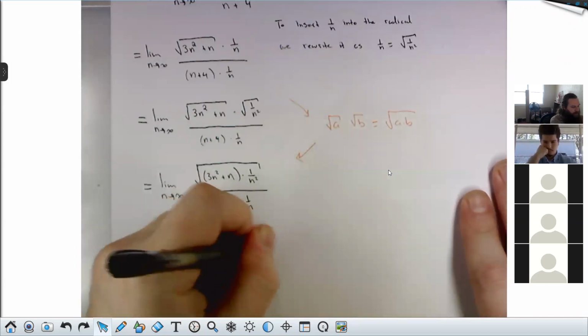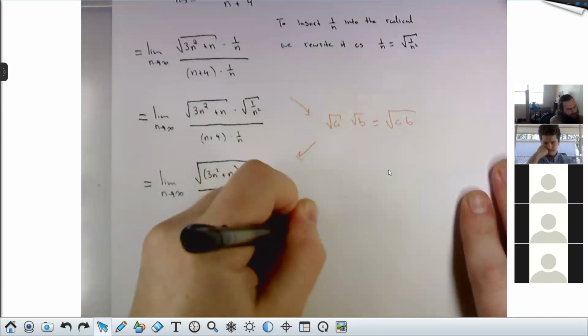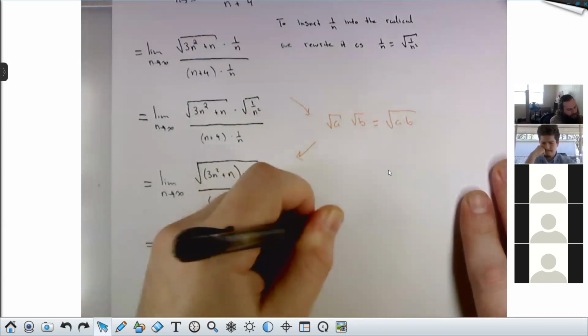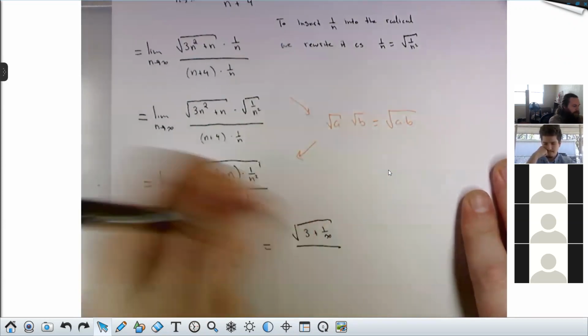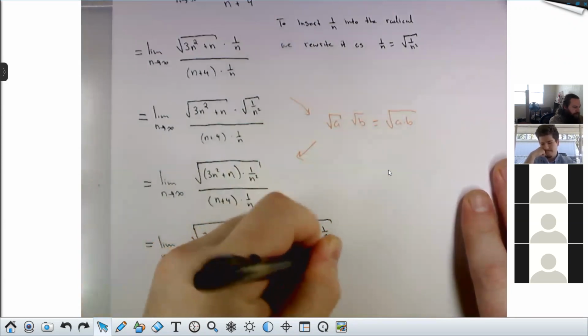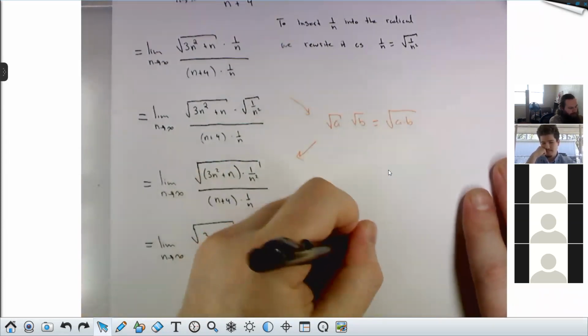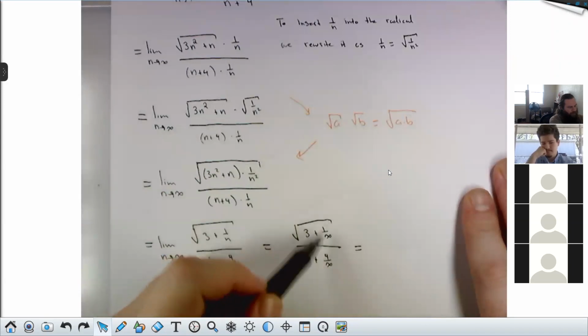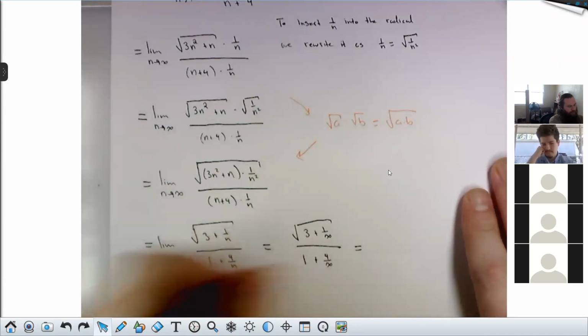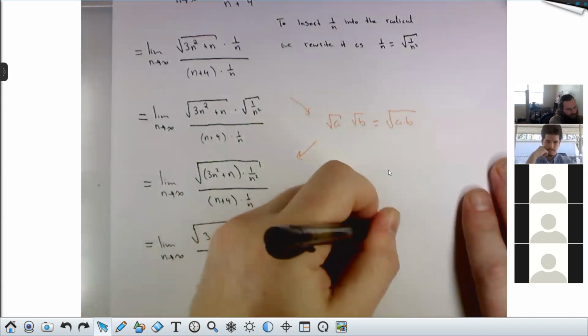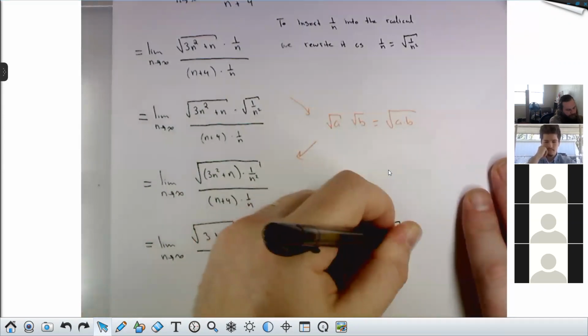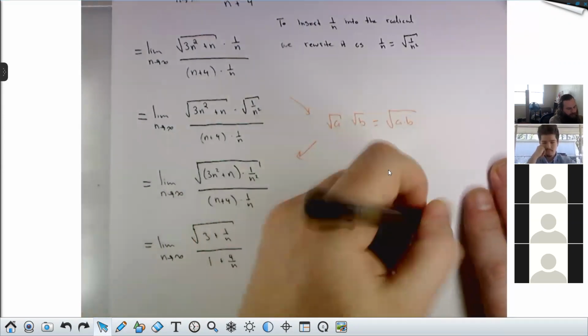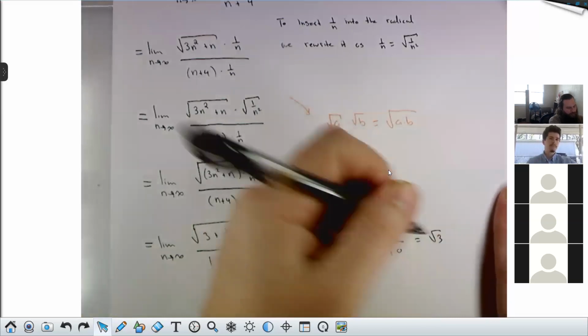So as n goes to infinity, this becomes the square root of (3 plus 1 over infinity) divided by (1 plus 4 over infinity). 1 over infinity and 4 over infinity are both 0. So this is the square root of (3 plus 0) over (1 plus 0), which is just the square root of 3.